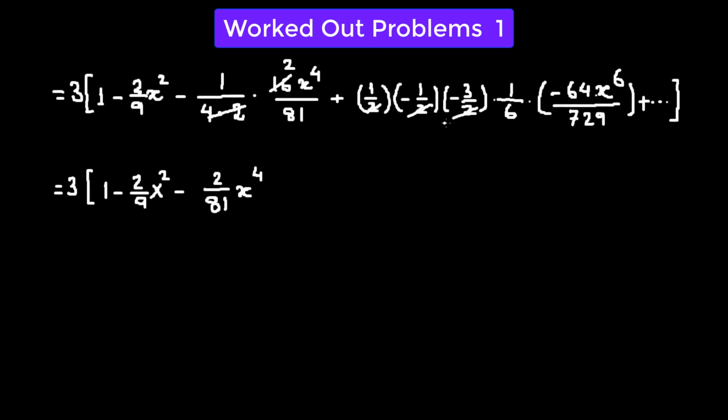So we multiply all the 2's in the numerator, that would give us 8, and divide by 64, that would give us 8 in the denominator. Then we have 3 times 2, and we have 2 times 4, so this gives us finally negative 4 over 729 times x raised to the power of 6.